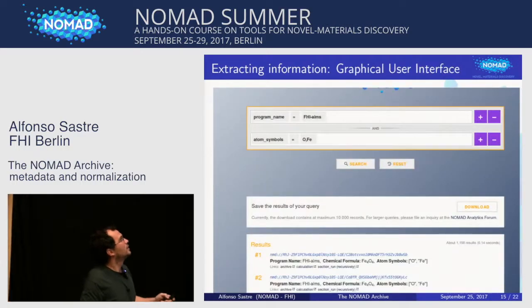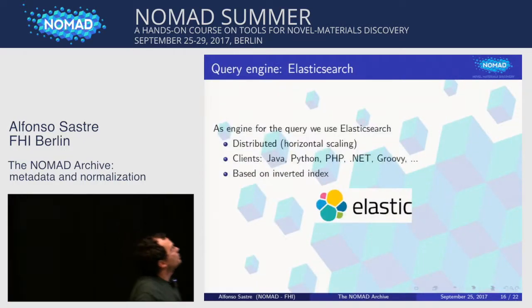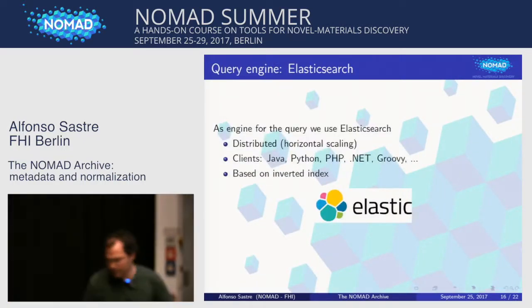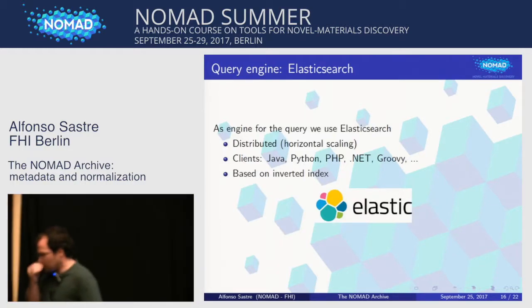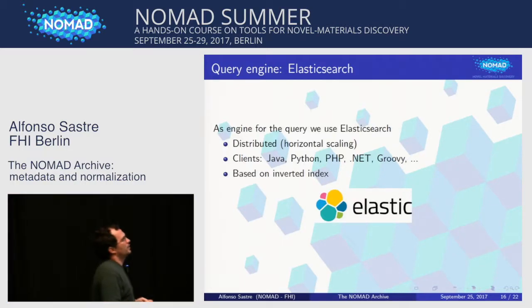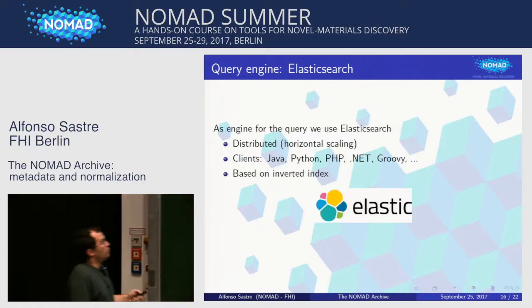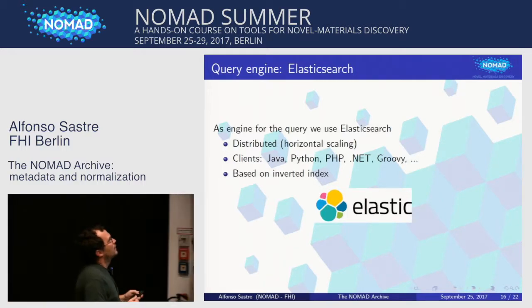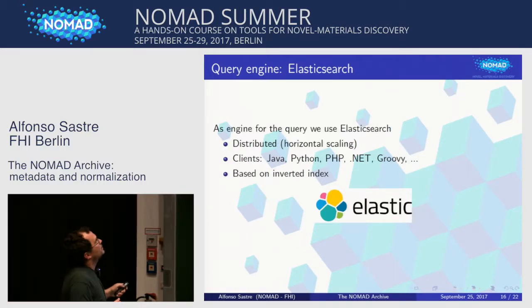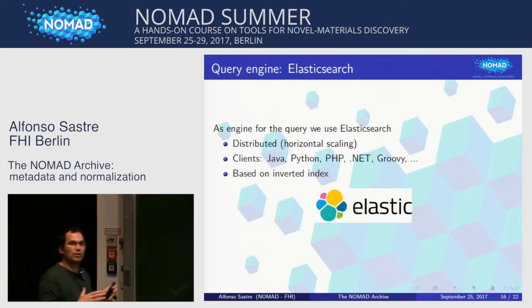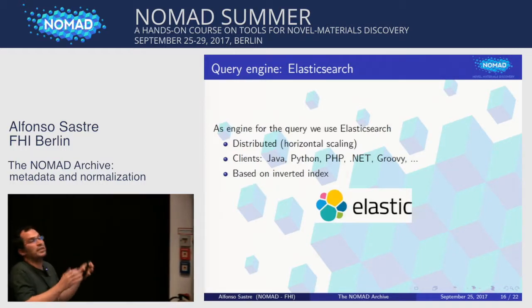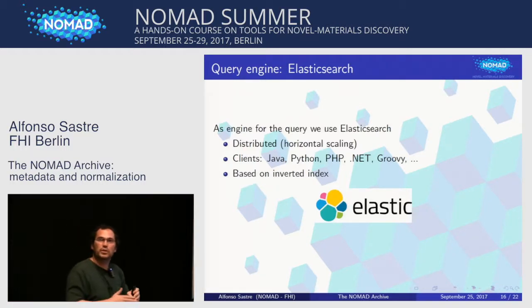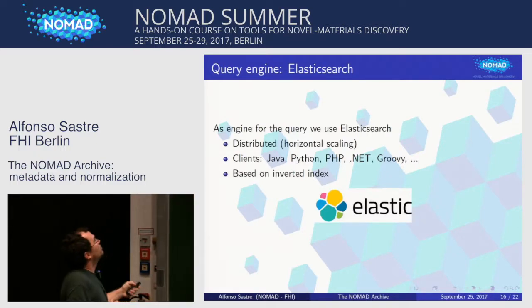Okay? So just a few words about Elasticsearch. We are still working on improving the query format, exploring other technologies, but Elasticsearch is quite nice because it's very fast. And the idea of Elasticsearch is a cluster thing. So if you have more data, you just have to add more computers, and it's going to scale horizontally.